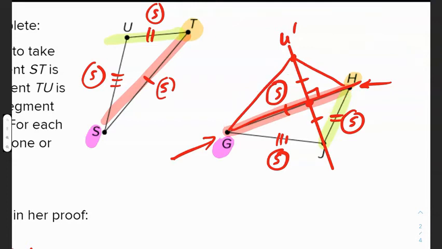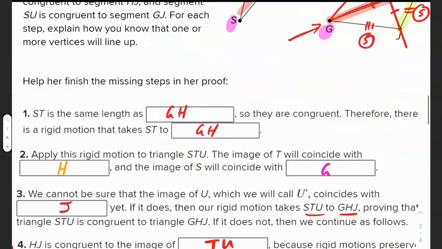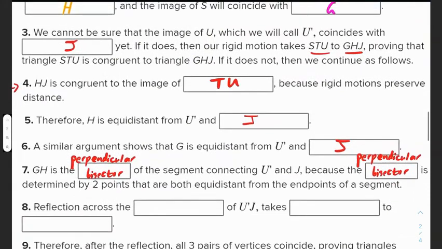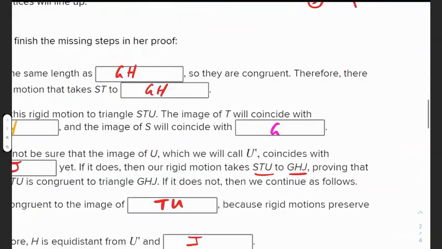I know that if we reflect across GH, okay, I know that U prime is going to reflect across and map onto J, and J will reflect across and map onto U. So maybe they're talking about that. So let's see. If we reflect across the GH, line GH.